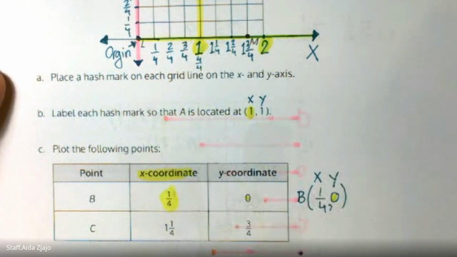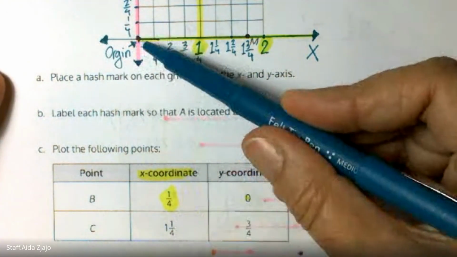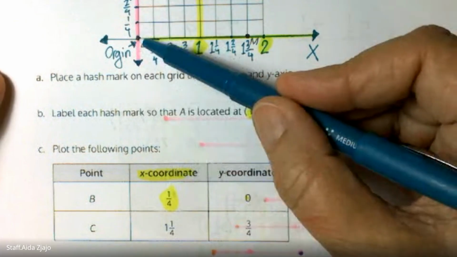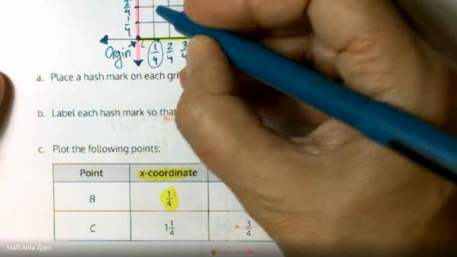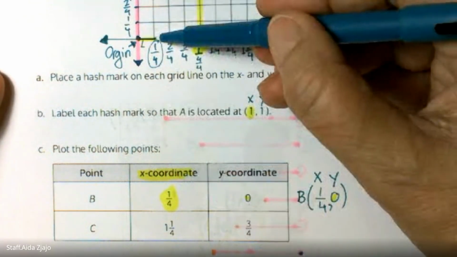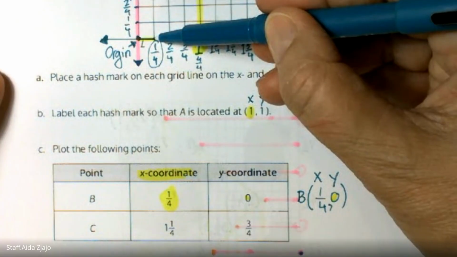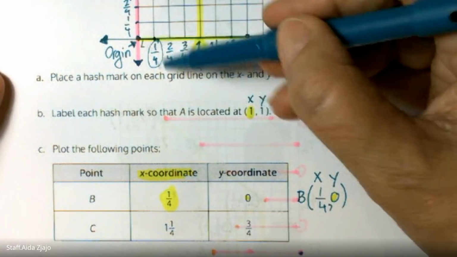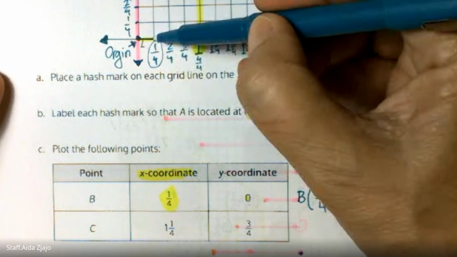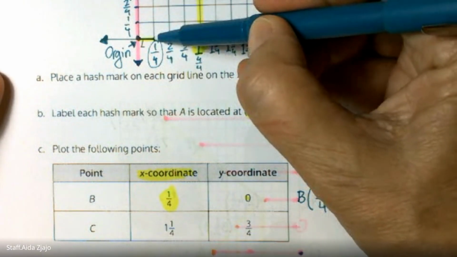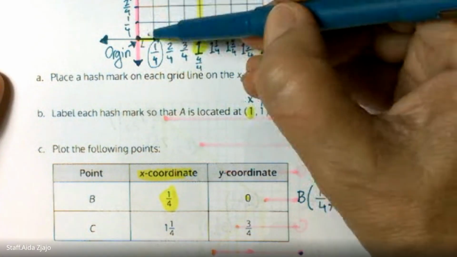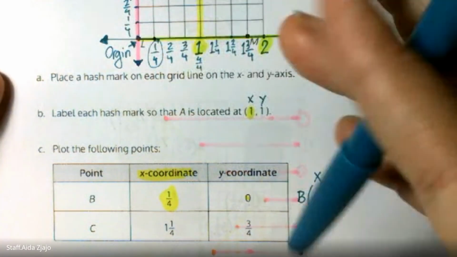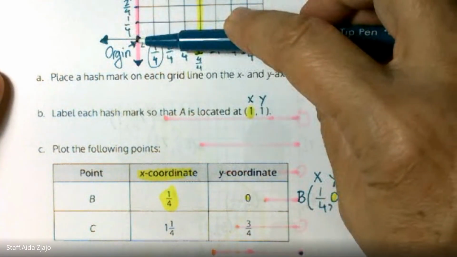To find B, I look from the origin and I need x to be 1/4. It's right here, 1/4. So x is 1/4 but y is 0. Back at L, the origin, I don't have a y coordinate.